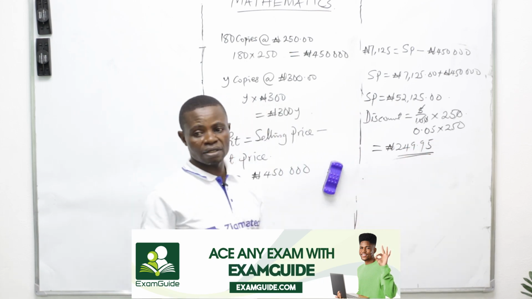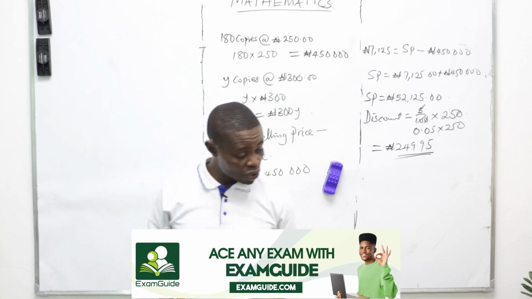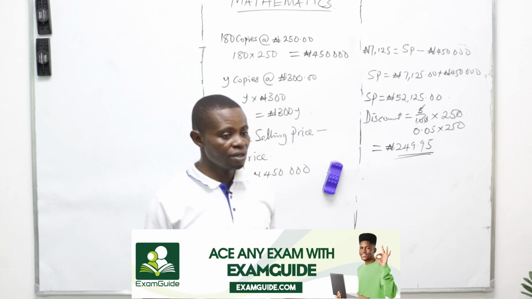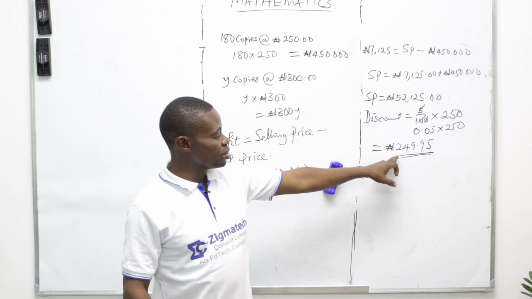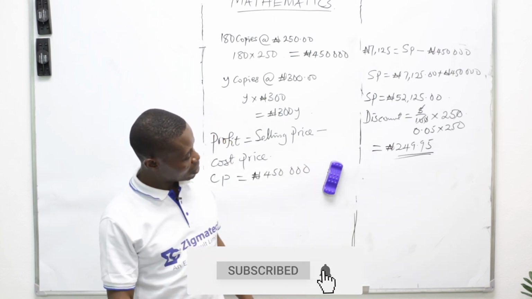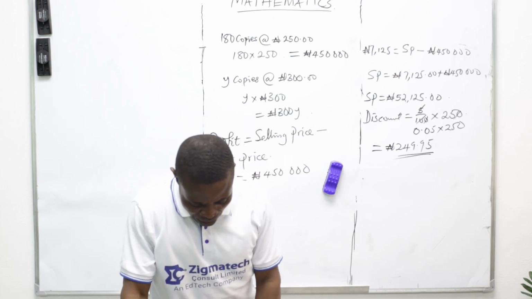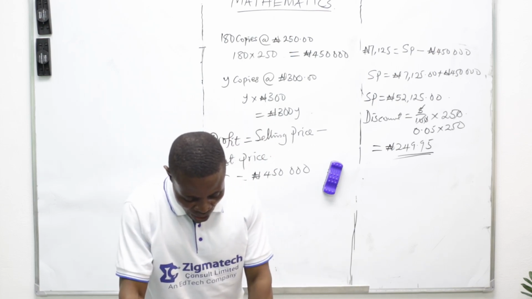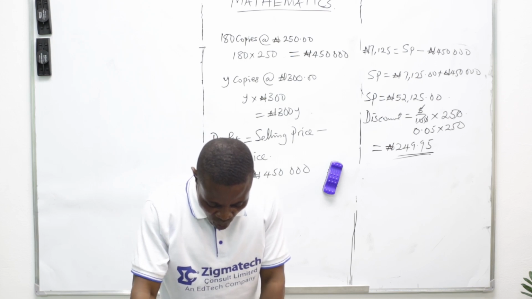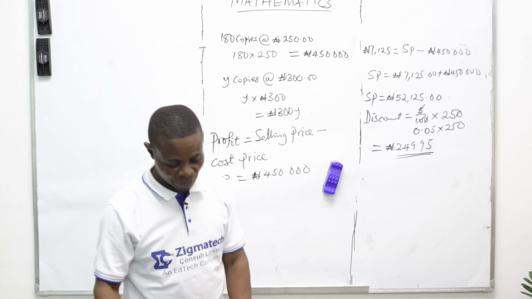That's the discount that was given to the buyer, 249 naira 95 kobo. Now we need to combine them all and provide the solution.